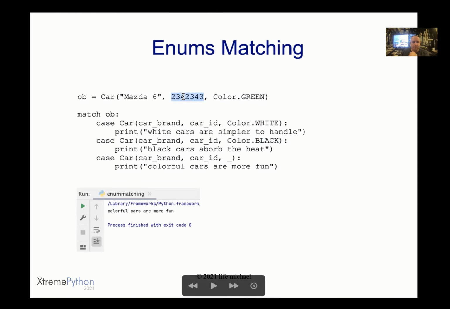The number 2342343 is assigned to car ID, or if you want to be more precise, car ID is assigned with the reference for the object that represents this specific number. And eventually, over here, we have a wildcard. So anything we have over here matches. And that's why the third case is the case that matches the expression we have.